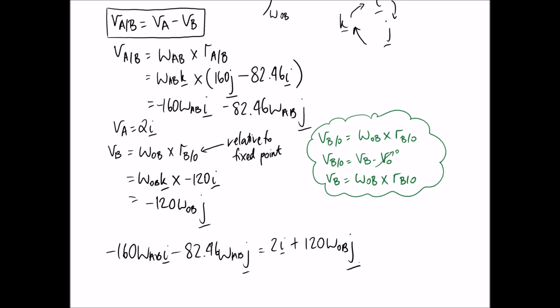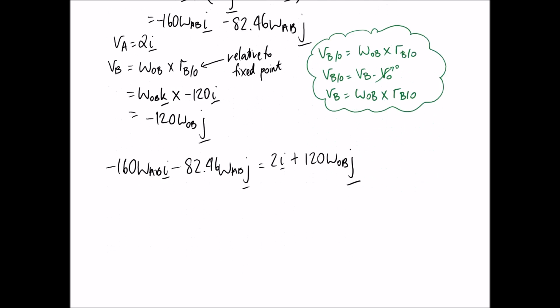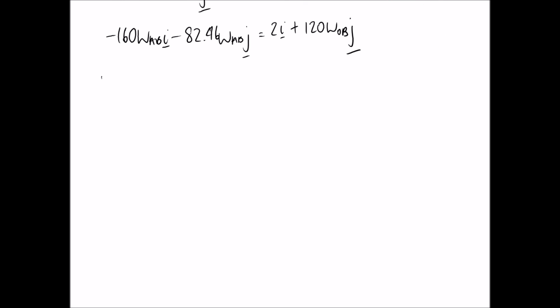So we need to solve for our two unknowns, and we have the ability to split this equation into two, one for the i's and one for the j's. So this time I'm going to start with looking at the i's because we only have one unknown tied up in that. So we're going to get negative 160 omega AB is equal to 2.